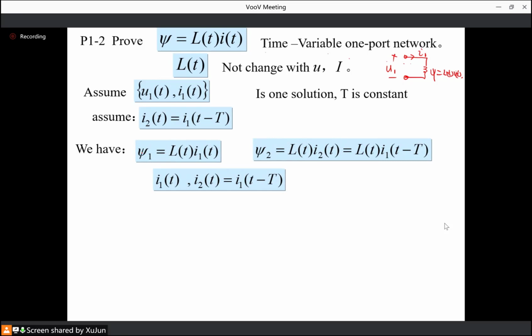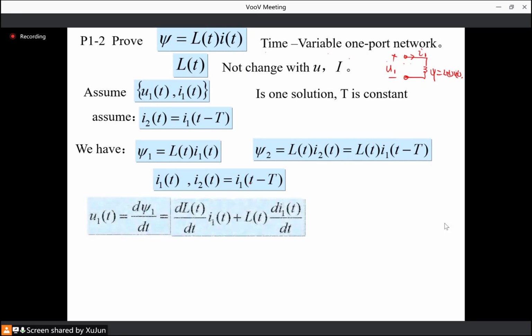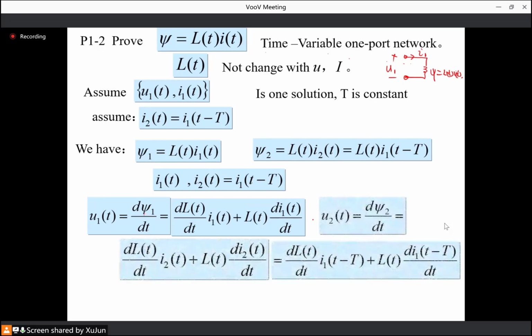So we can calculate psi 1 and psi 2: psi 1 equals L(t) i1(t), psi 2 equals L(t) i2(t), but i2(t) is a delay of i1(t). The u1(t) is the derivative of psi 1, and the u2(t) is the derivative of psi 2.